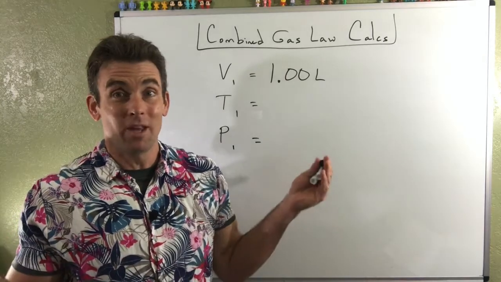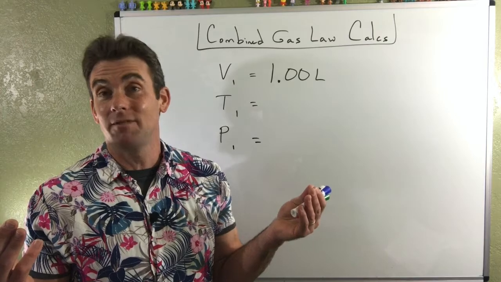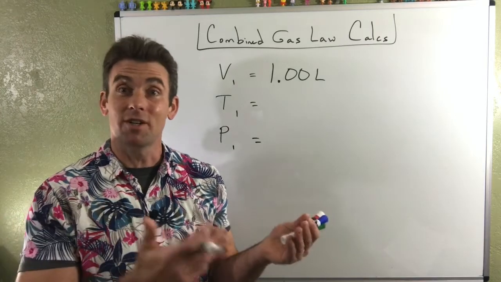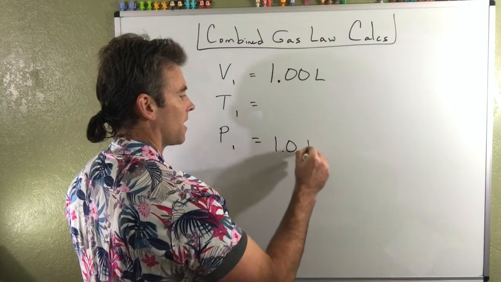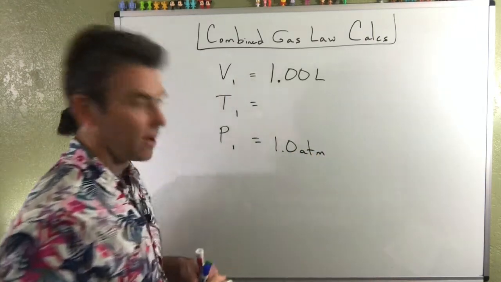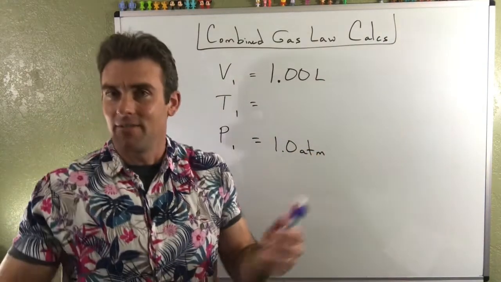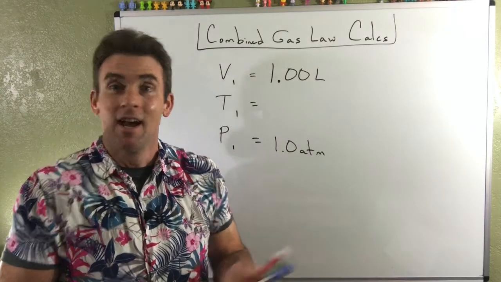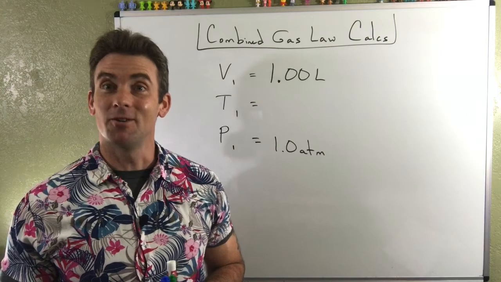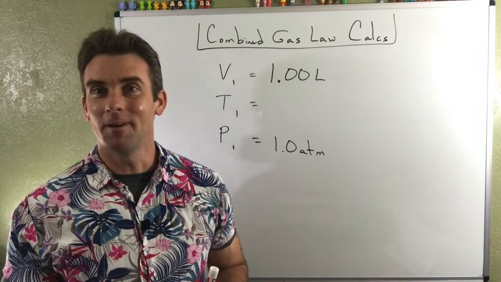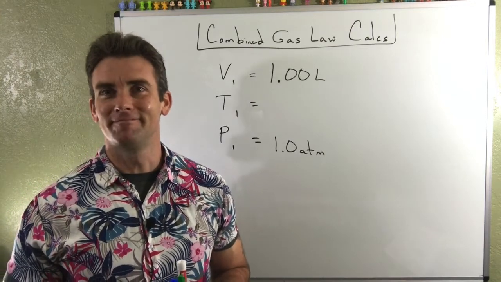So let's just use atmospheres, to make our lives a little easier. Standard pressure is 1.0 atmospheres, also 760 torr, 760 millimeters of mercury, 101.3 kilopascals, 101,300 pascals, or 14.7 pounds per square inch.